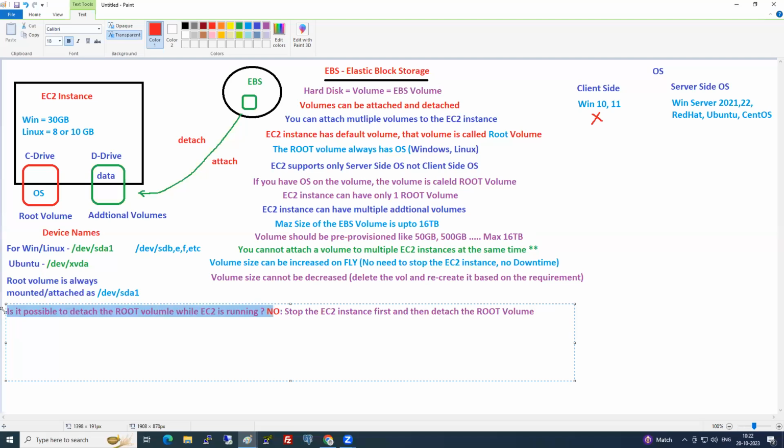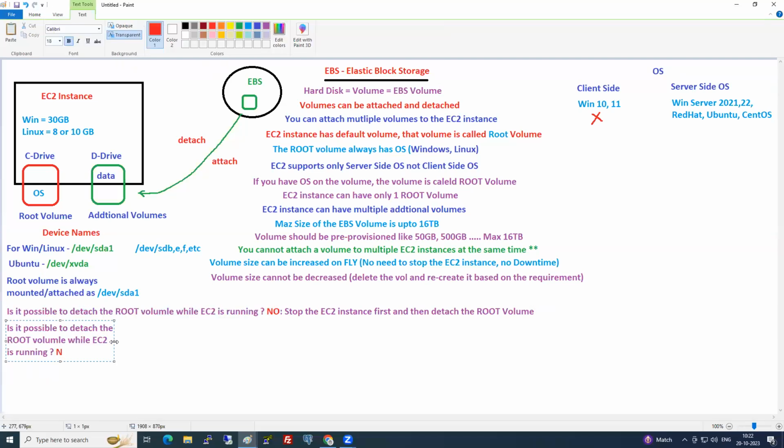Similarly, is it possible to detach the additional volume while EC2 is running? The answer is yes. But if someone is writing in the D drive, can you remove it from the backend? You can remove it, but it is not recommended.